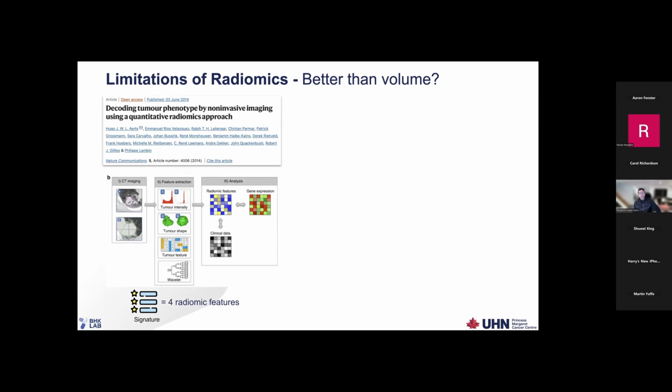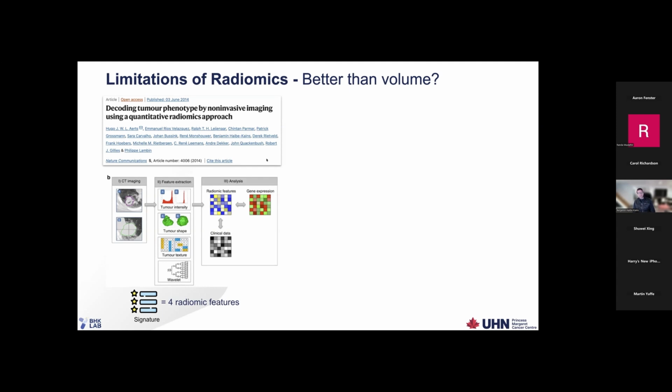So I think the biggest challenge we've seen so far is that in radiomics there is this massive confounding factor, which is volume. The reason is that we have all those beautiful equations that extract radiomics features, but the truth is they're all very sensitive to volume. So if you have a small tumor, you can have a certain range of radiomics feature values, and if you have a large tumor, you can have a different range.